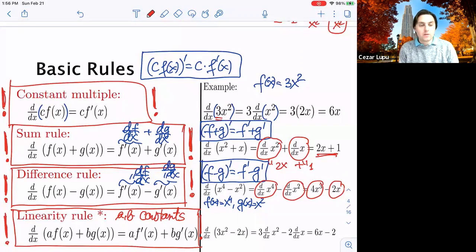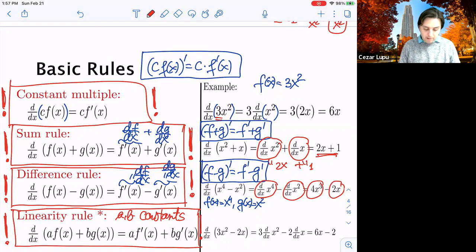In other words, the derivative with respect to x of a times f of x plus b times g of x will be nothing else than just a times f prime of x plus b times g prime of x.